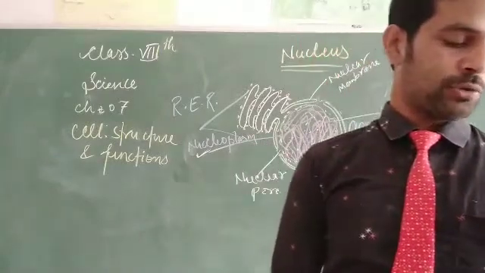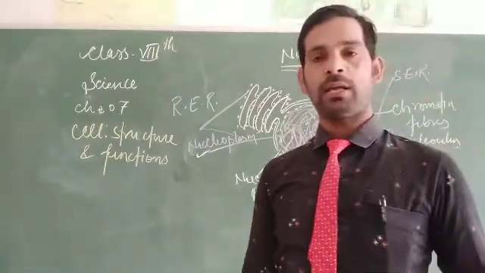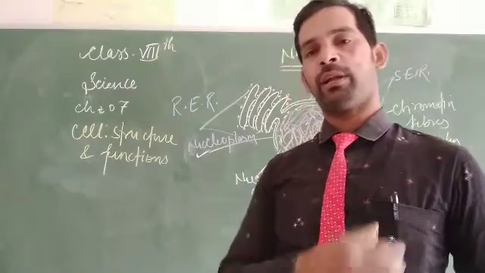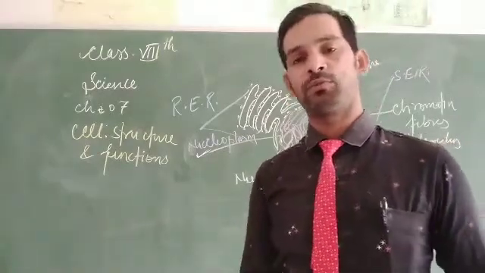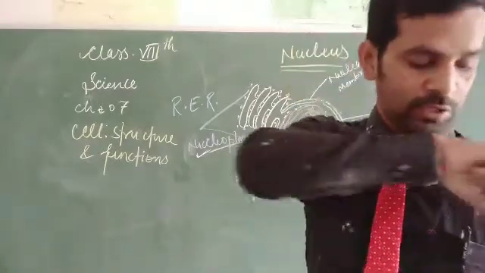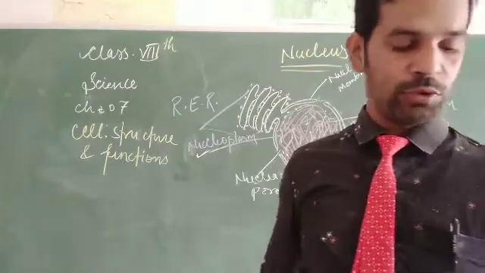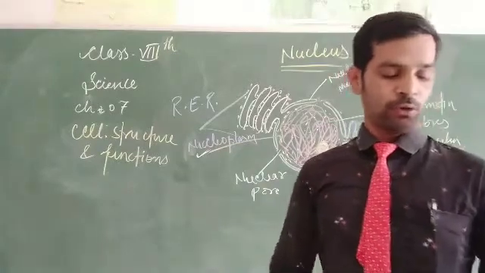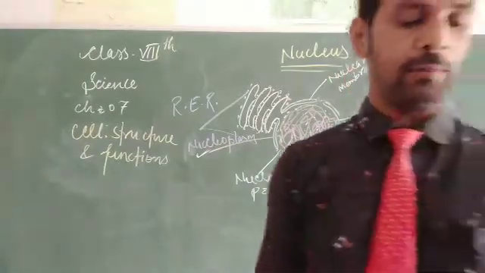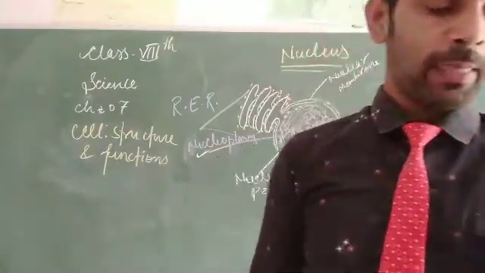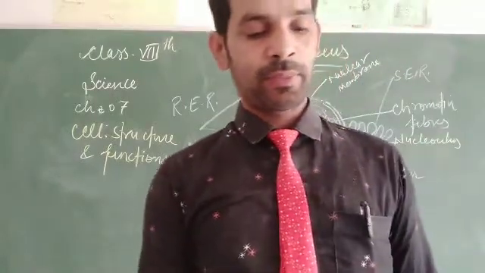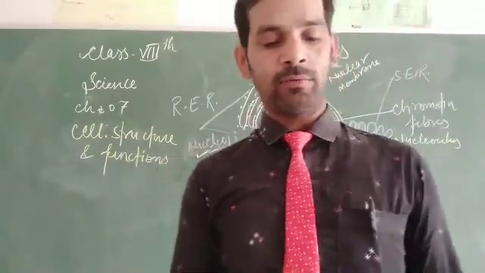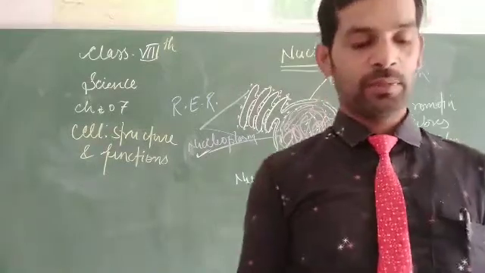The number of chromosomes is specific. There are thread-like structures called chromatin fibers, from which the chromosomes are formed. The number of chromosomes is specific for every individual. Chromosomes can only be seen with the help of a microscope when the cell divides.